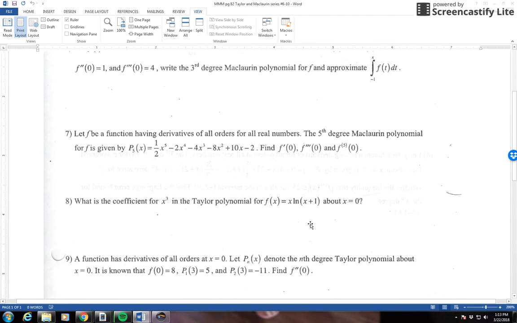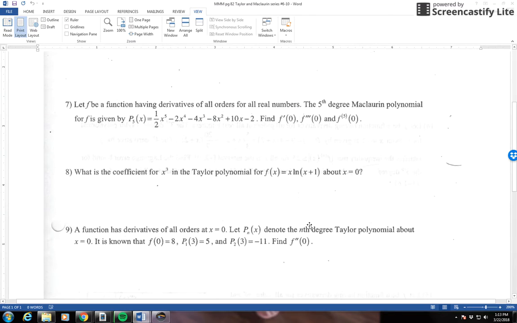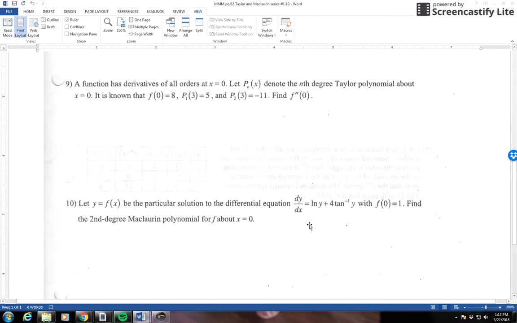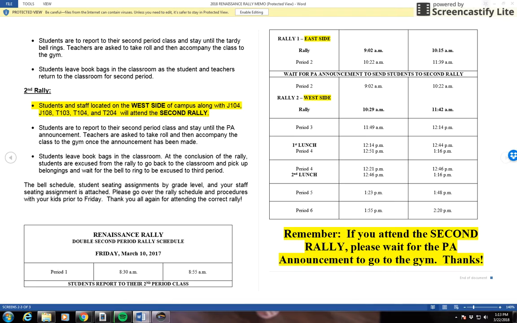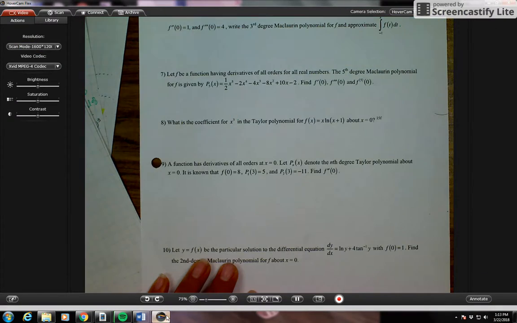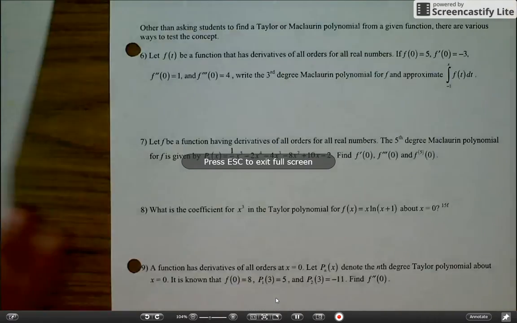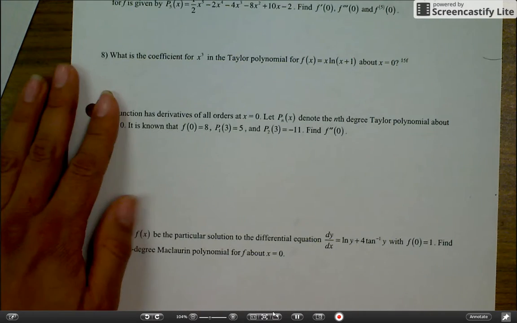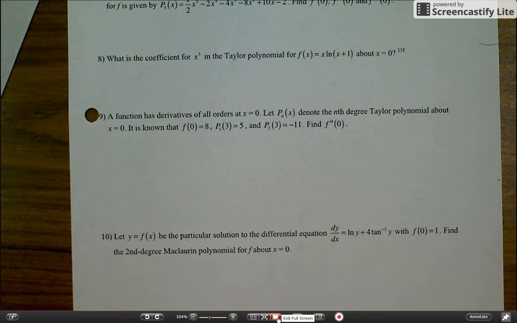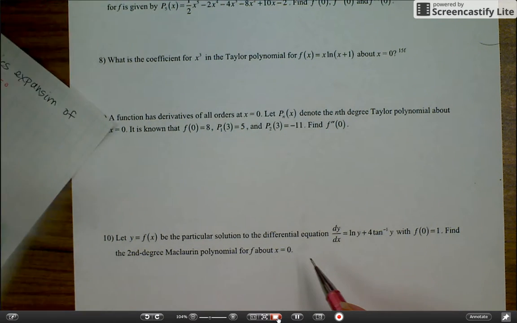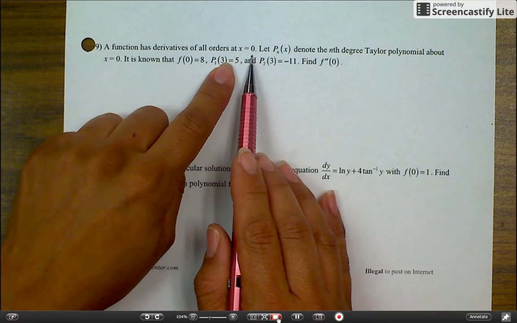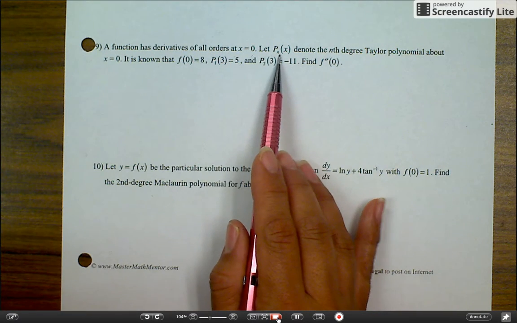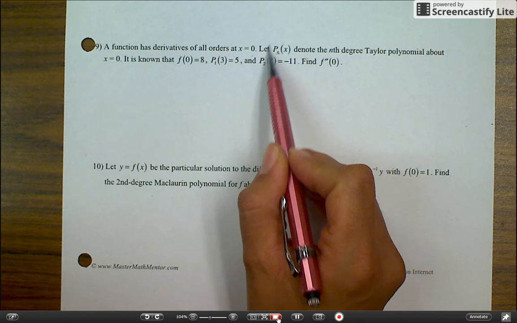Okay, so let's do one of these problems. If I do something like number 9, what does this say? This says a function has derivatives of all orders at x equal to 0. And we're going to let Pn, so what does this mean?